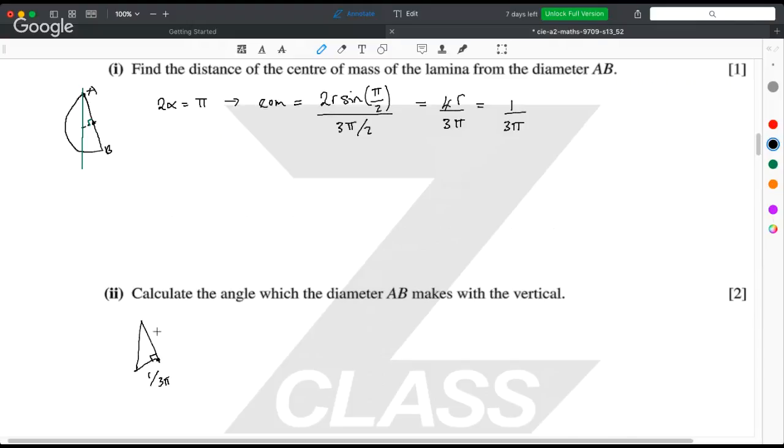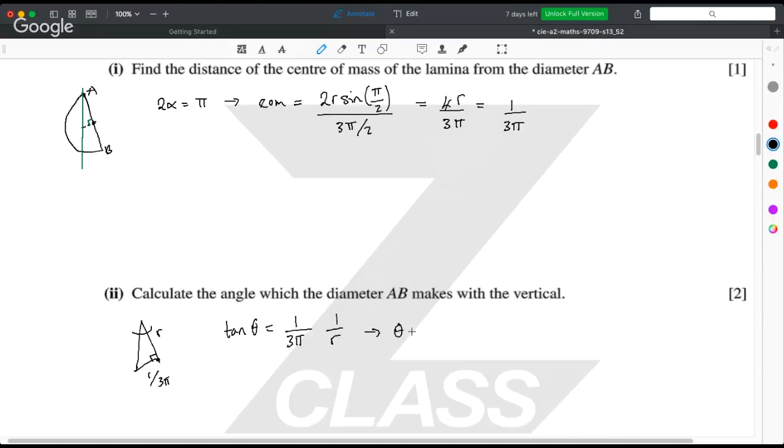So this is going to be r. And we want the angle which the diameter AB makes with the vertical, this one. So we know that the tan of this angle theta is opposite over adjacent. So that's 1 on 3 pi, over r.